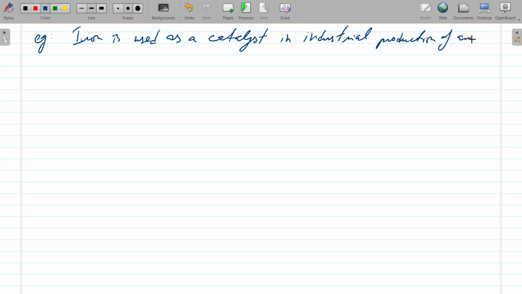And that is something we will cover later on. It's called the Haber process, and that's just an example of it being used as a catalyst.